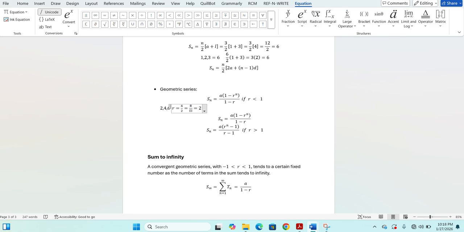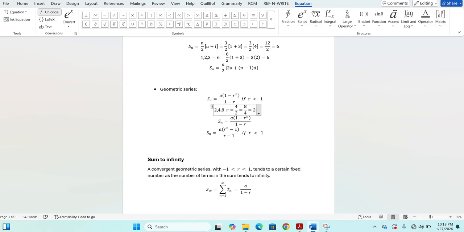This will be divided by 4. So yeah, if we come here and we substitute, let's say we have 3 terms, then our first term is 2, r is 2 to the power 3.